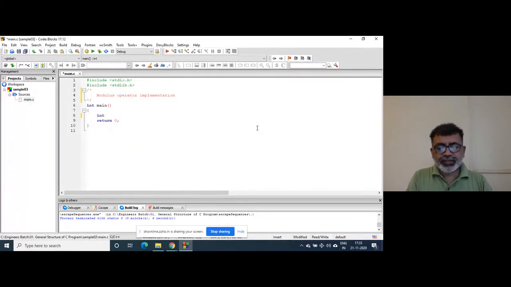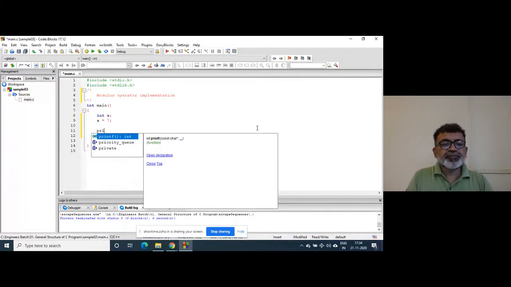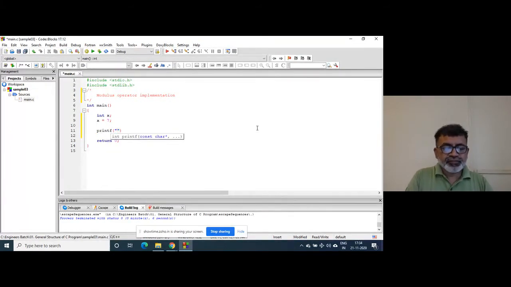Suppose int x, if I write x is equal to 7, and printf percent d backslash n, x divided by 2.